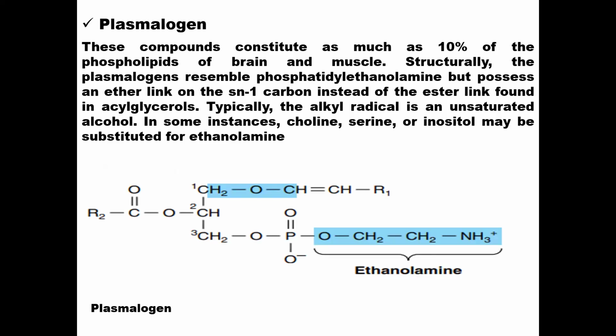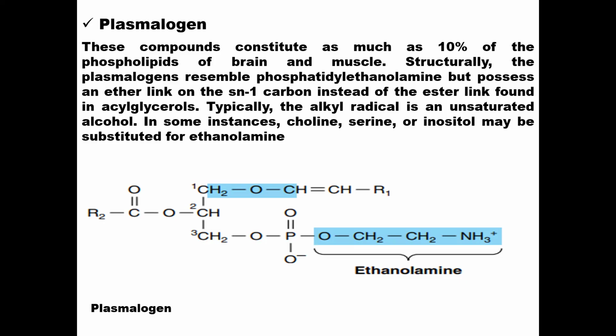So the next class of phospholipids is plasmalogen. These are lipids that constitute as much as 10% of the phospholipids of brain and muscles. Structurally, the plasmalogens resemble phosphatidylethanolamine, but they possess an ether link in the SN1 carbon instead of the ester link that is found in acyl glycerol.